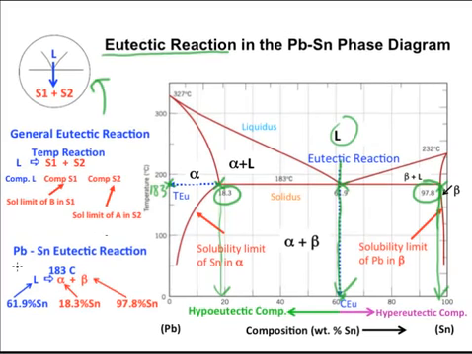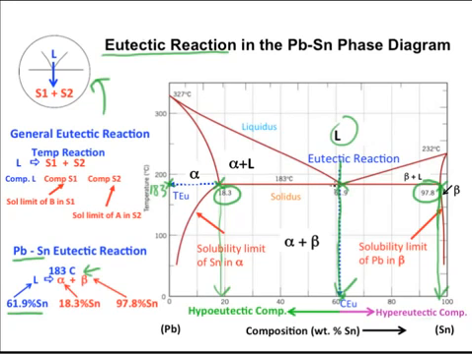To review, we just reviewed the lead-tin eutectic reaction. It happens at this temperature, 183 degrees Celsius. We have the liquid phase cooling down into the alpha plus beta region, so straight down. The percent composition of the liquid phase is equal to the eutectic composition, so in our case it's 61.9% tin, and then this goes into alpha plus beta.